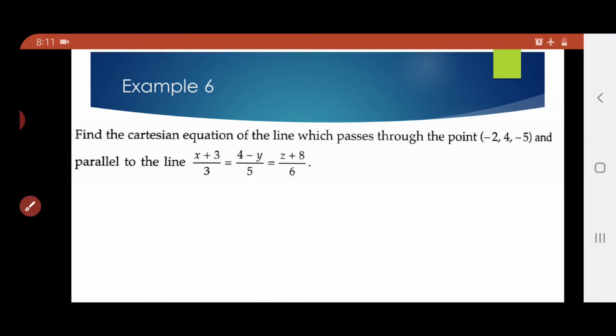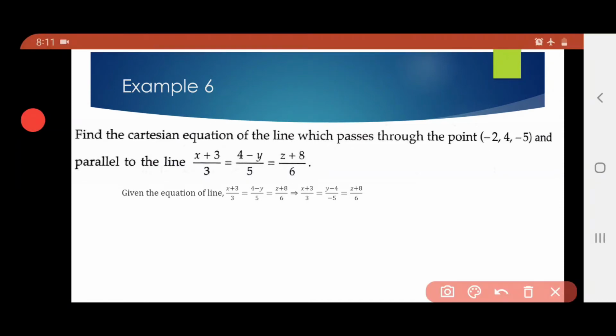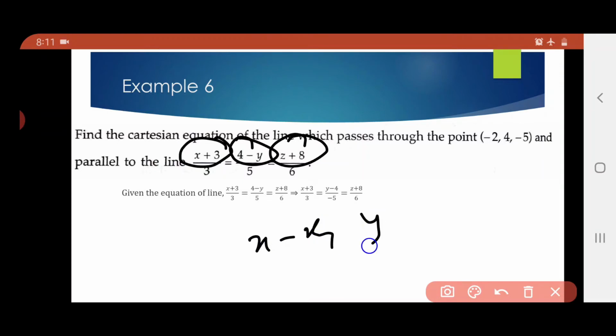So therefore, now there is one small thing we need to deal with. Whenever we are talking about the direction ratios, we must have the numerator in all the cases in the form x minus x1 or y minus y1 or z minus z1.